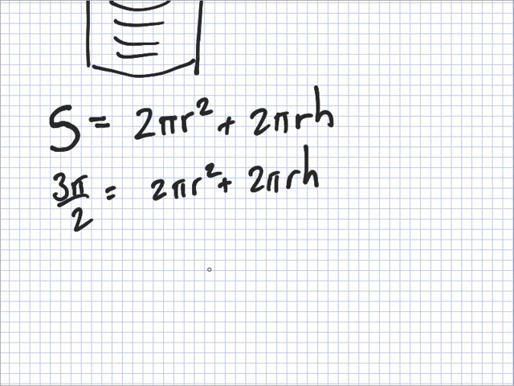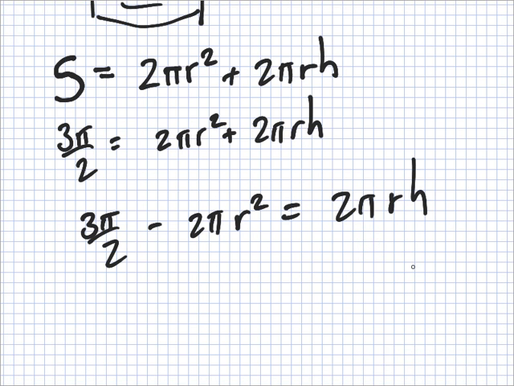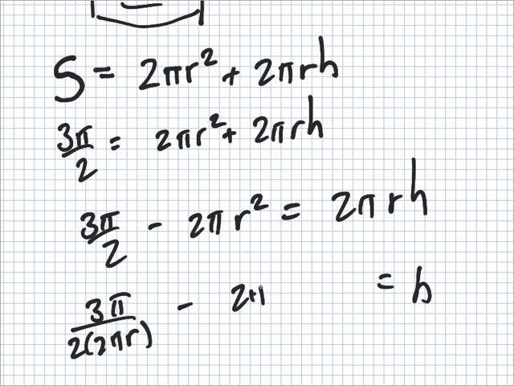So I think I should bring the 2 pi r squared to the left. And what should I do next? If I'm trying to get the h. Yeah, I should divide by 2 pi r. So I have 3 pi over 2 times 2 pi r minus 2 pi r squared over 2 pi r.